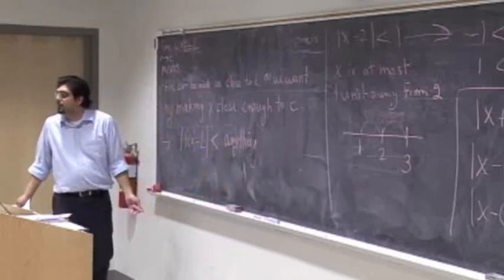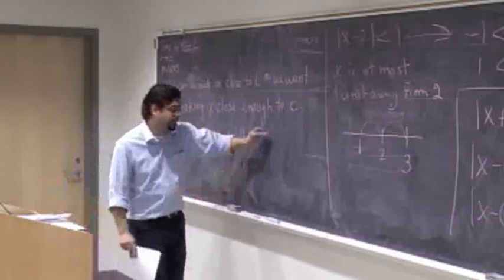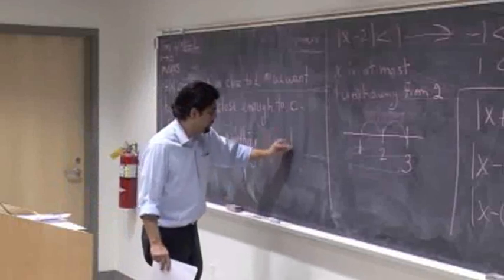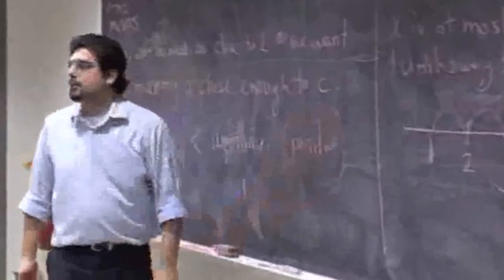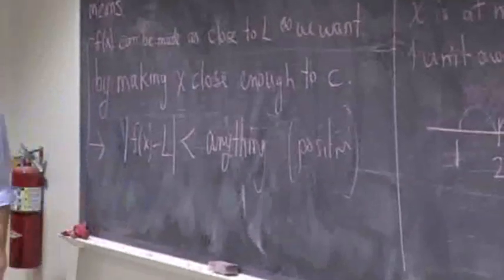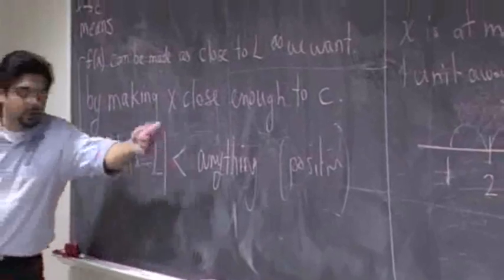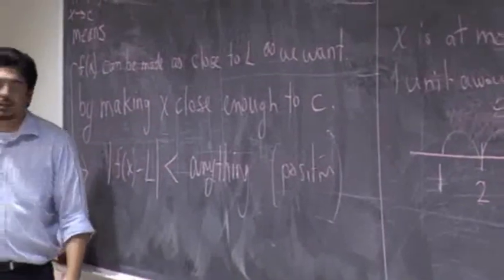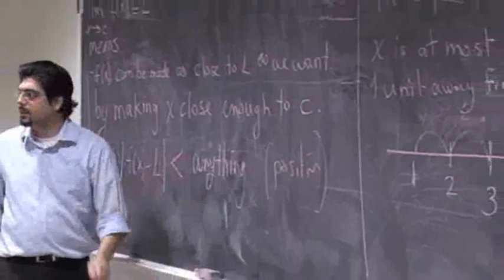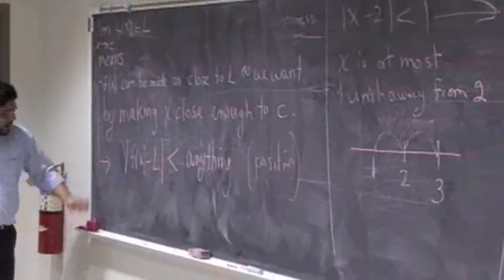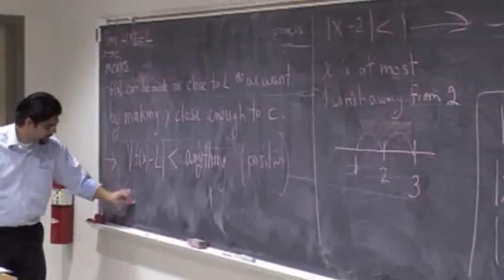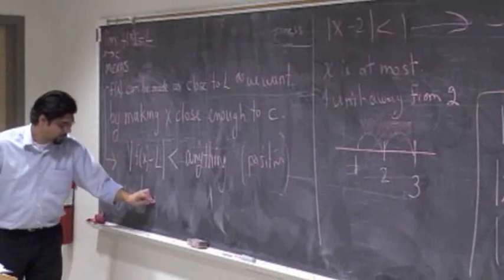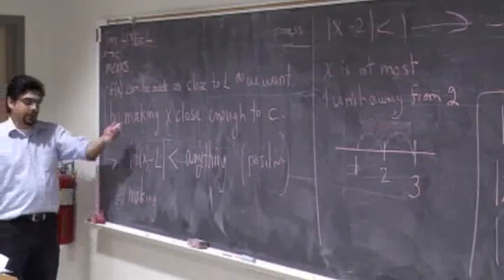Well, anything positive, right? Because distance can't be negative. But you can make this as small as you want. In other words, less than anything you want. Is that clear?